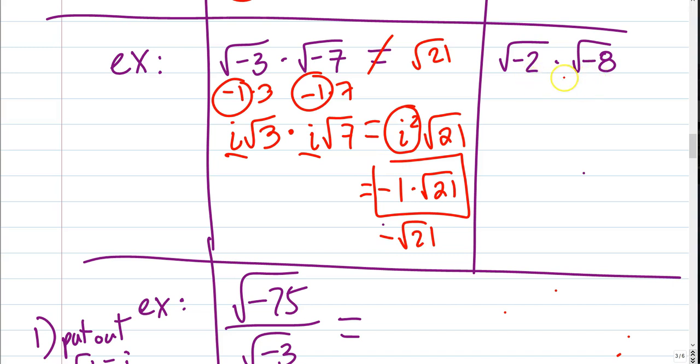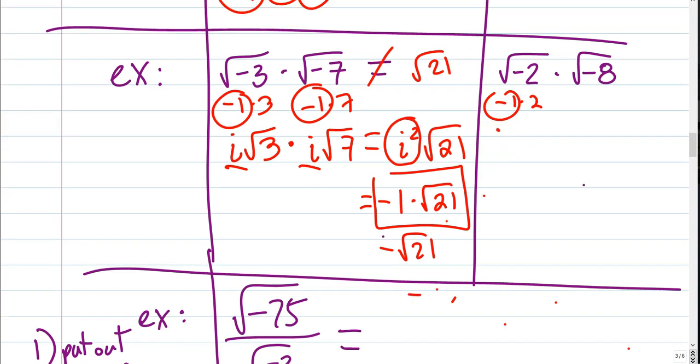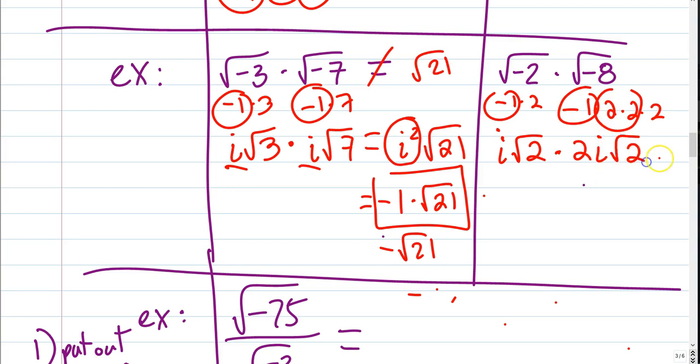This is not the square root of 16. This is negative 1 times 2. So i root 2. This is negative 1 times 2 times 2 times 2. So 2, an i, and a root 2.